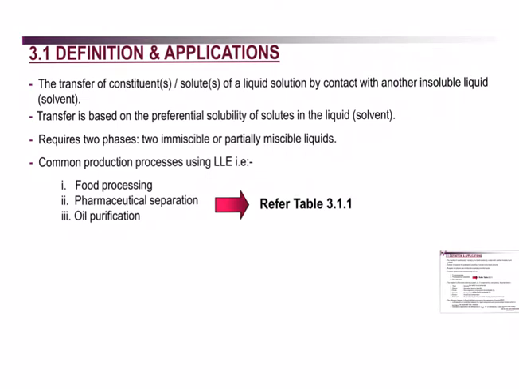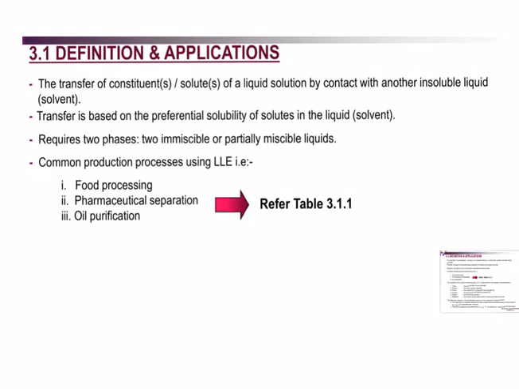In liquid extraction, the transfer is based on the preferential solubility of solutes in the liquid solvent. So in order for the solutes to be transferred into the liquid solvent, we must select the proper solvent to be used in the process.